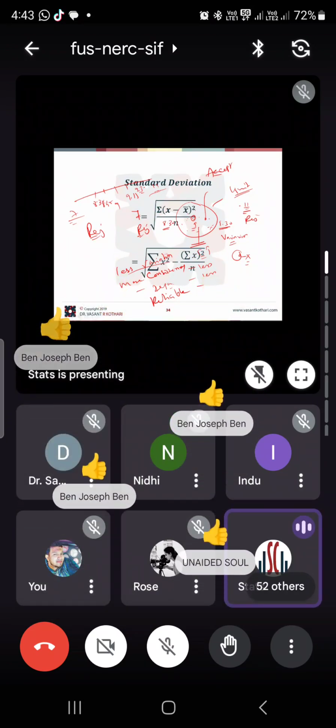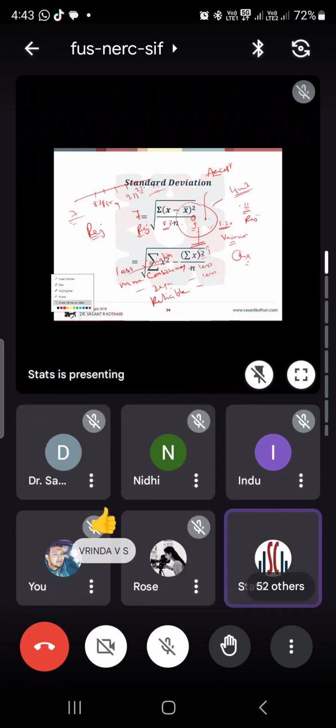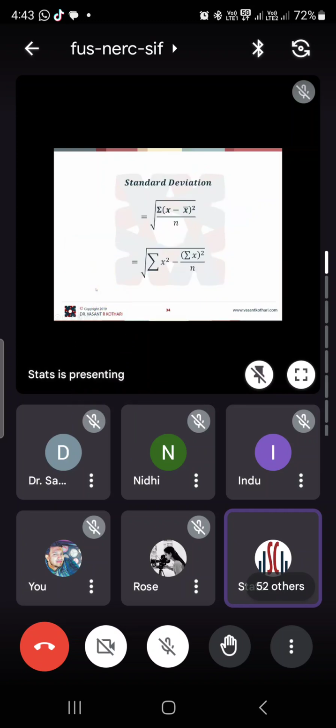Now, this is what I used to say: statistics is a numerical-based subject, and to solve one numerical you have different formulas.